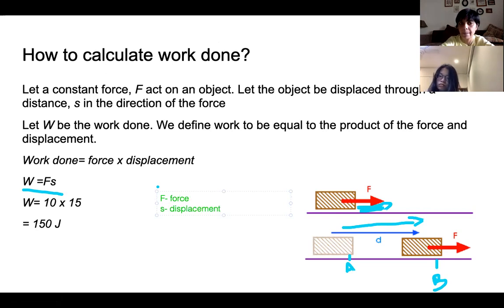And W stands for, of course, work done. Got it? The unit that we use for work done is joules. Unit will be joules.